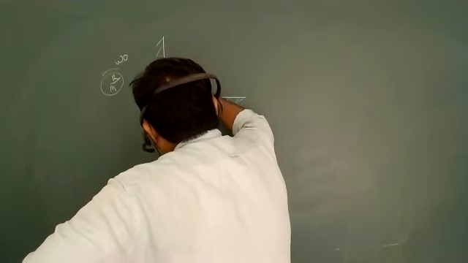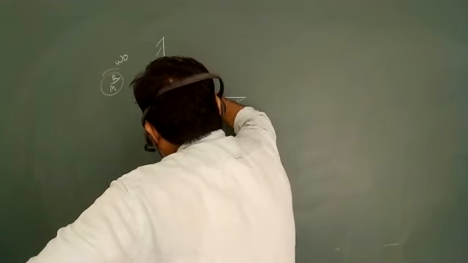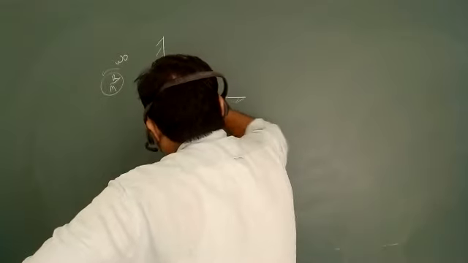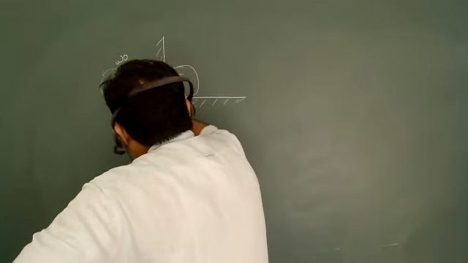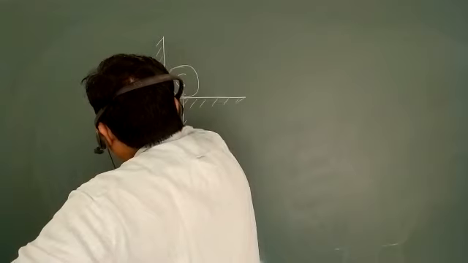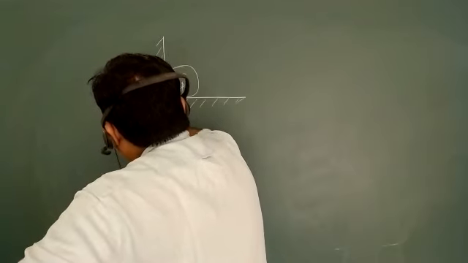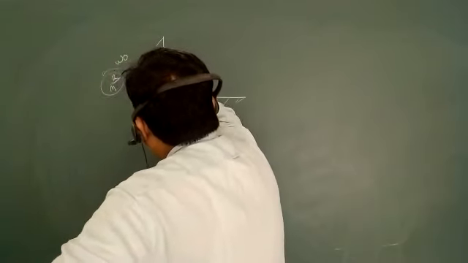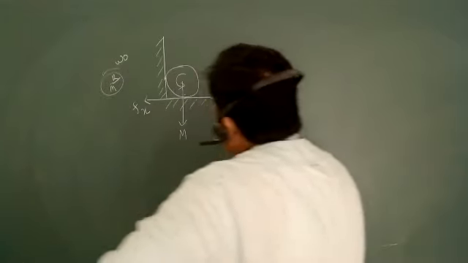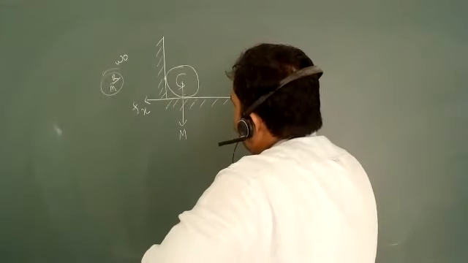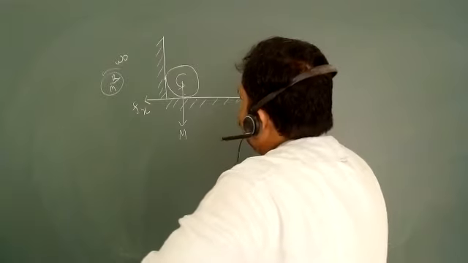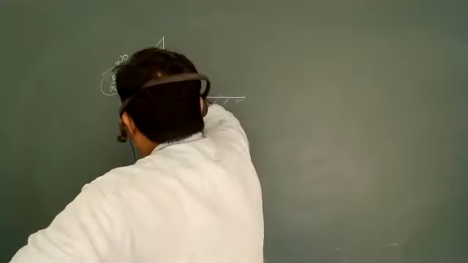So this point is just about to move in this direction towards the right, so there is frictional force in the opposite direction. And what about this point? Where is the frictional force? Above or down? At this point, what will be the frictional force?